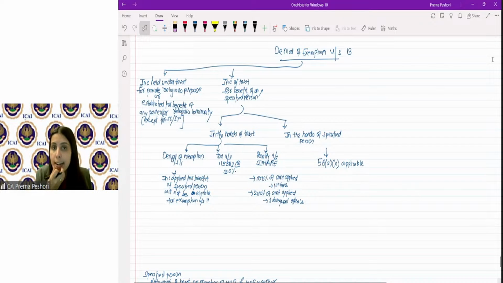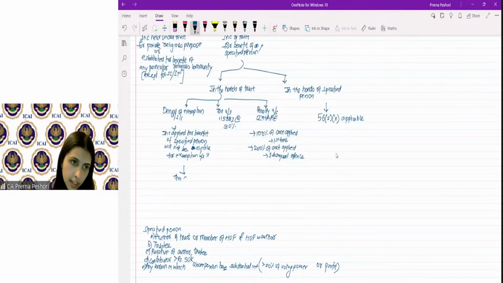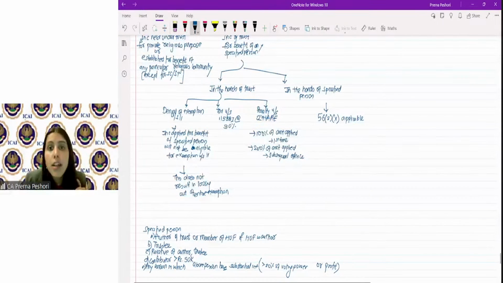Now here, understand one thing: first of all, there will be denial of exemption under section 11. But that does not mean that the trust will lose out the entire registration itself, or lose the entire exemption under 11. That's not the case. So you can write, this does not result in losing out of entire exemption. So your entire exemption under 11 will not be revoked.